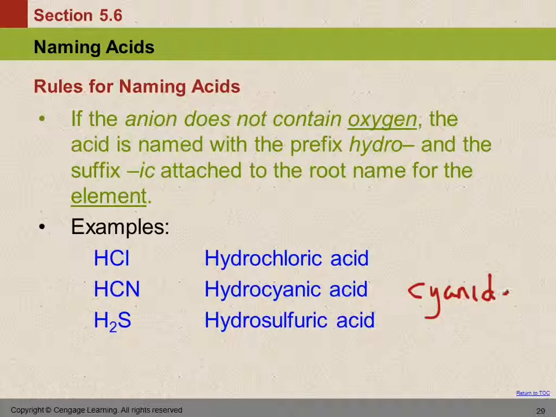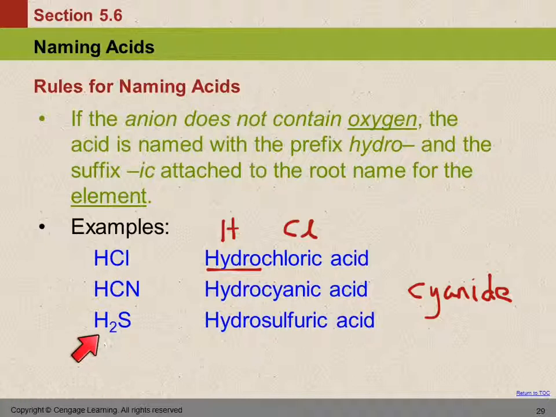And yeah, that's the same thing that spies use to kill themselves. Cyanide. Well, you change the ending of that to -ic acid, you get cyanic acid. Put the prefix hydro. Hydrocyanic acid. So the hydro part is standing in for the H, and the chloric is standing in for the Cl.